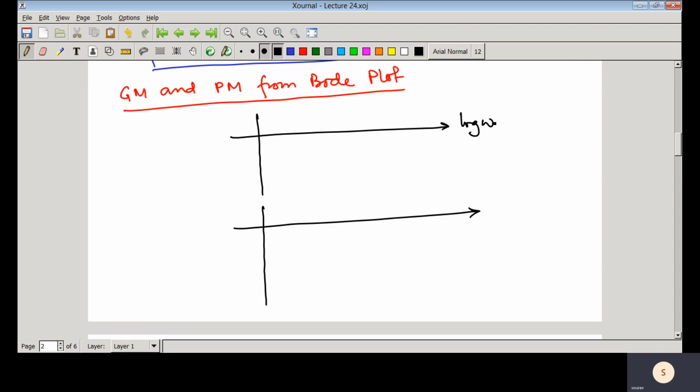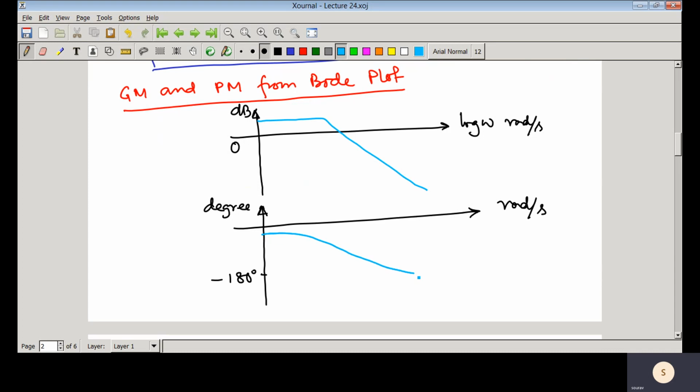This is log omega in rad per second, and here also we have rad per second on a logarithmic scale, and here we have magnitude in dB, and here we have degrees. Suppose you have a plot like this, that is the gain plot, and suppose this angle is 180 degrees, and this is the 0 dB line.